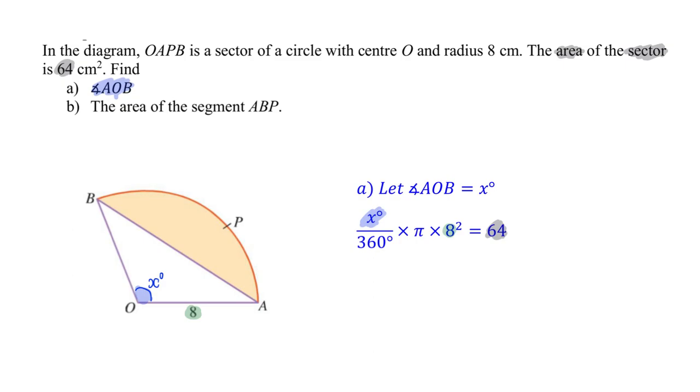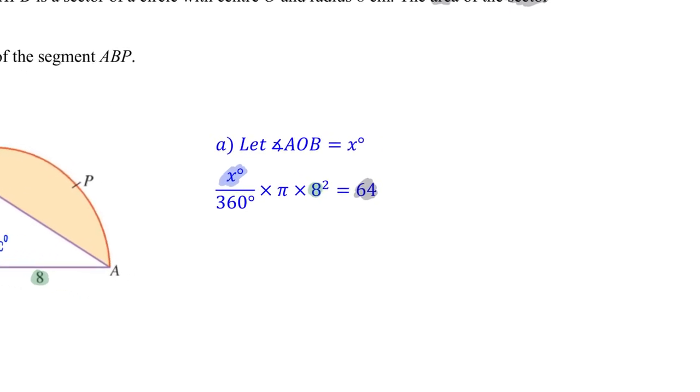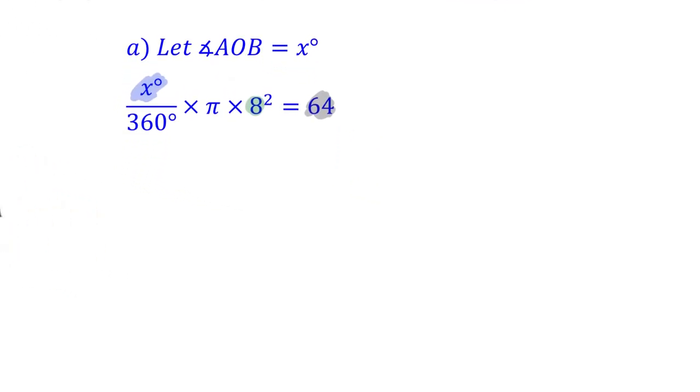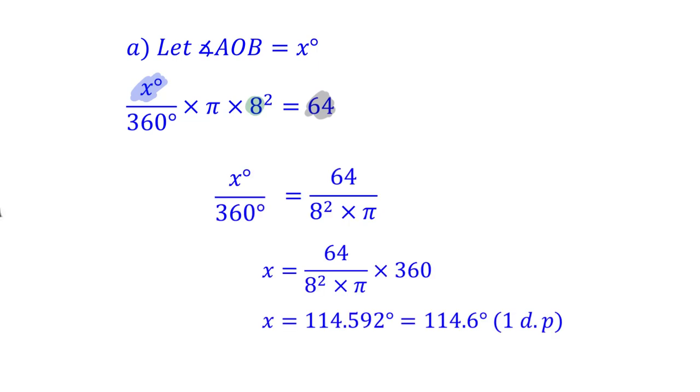From here onwards, I would then need to use my algebra. I divide by pi times 8 square on both sides, after which I see that there is still x degrees over 360.